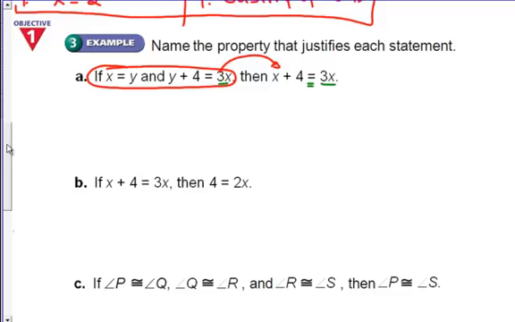The equals is the same. The 4 is the same. And then here's the change. And my question is, how did that change? Well, you were given this piece of information here. X is equal to y. So all I did is I replaced this y with this x. Anytime you replace anything, it's called substitution. So the property that allows you to do this is the substitution property.